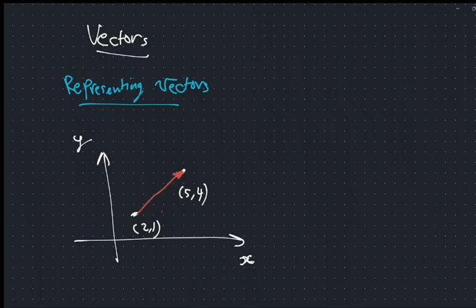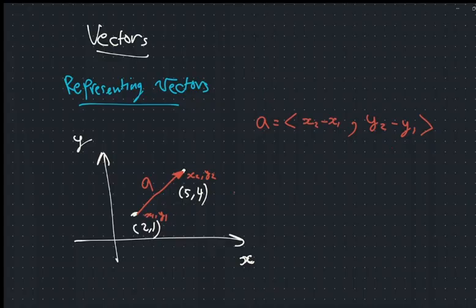To write a component form for this vector, let's call it A, we will consider the part with the head as x2, y2, and the part with the tail as x1, y1. So it's going to be x2 minus x1, and then y2 minus y1.